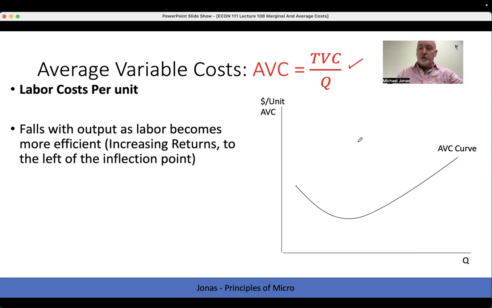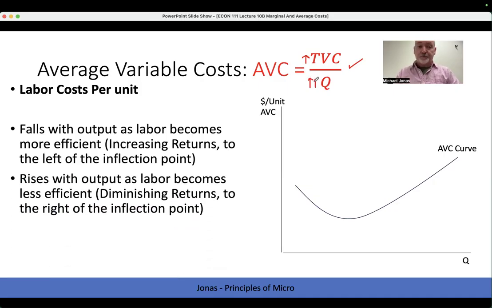So you hire an extra worker, they give you a lot of additional output for the amount that you're spending. So you give them a certain wage and you're getting a lot of additional output. So both costs and output are going up in that region, but output's going up faster. That's what's going to be happening here.